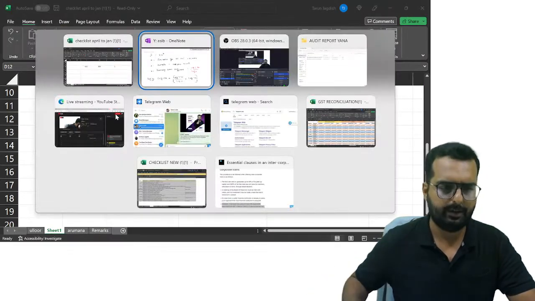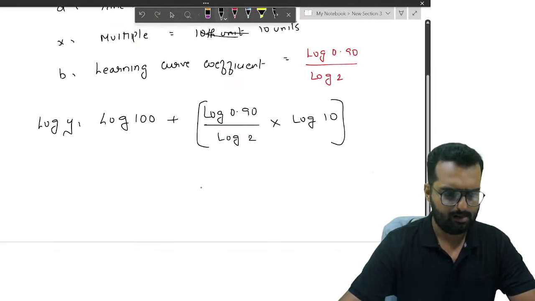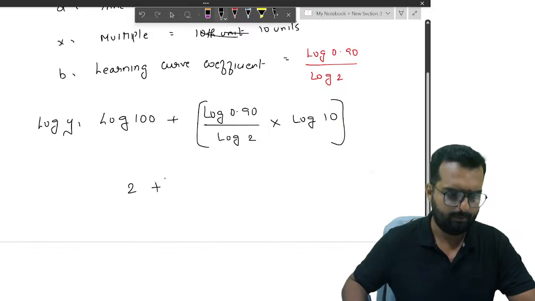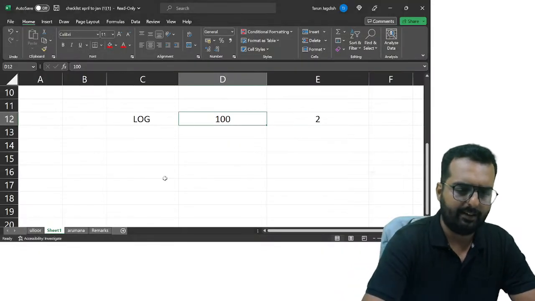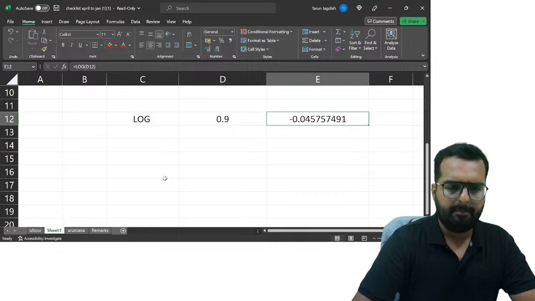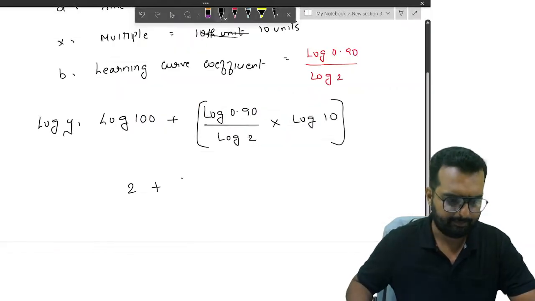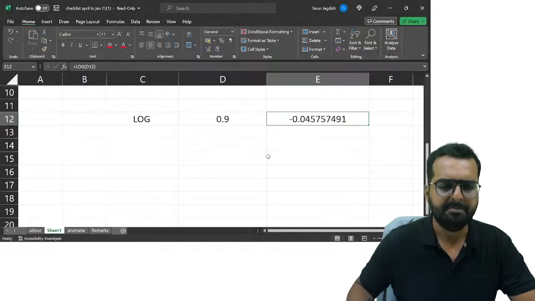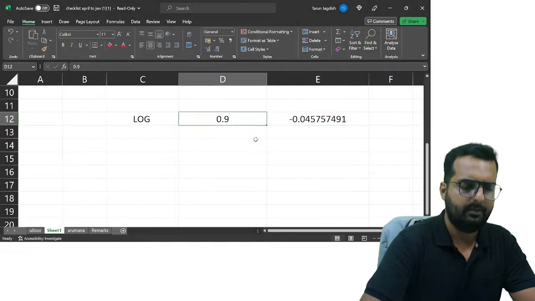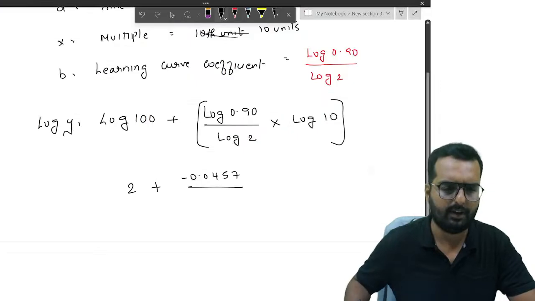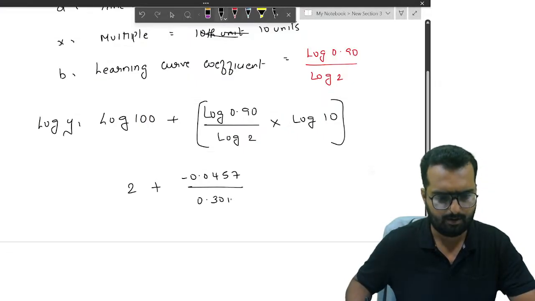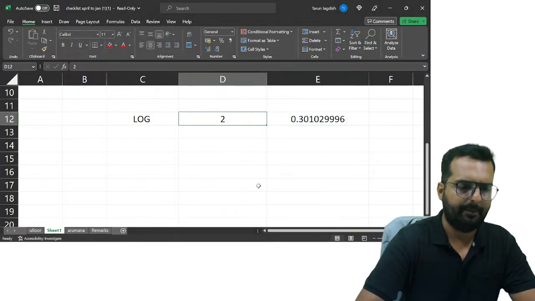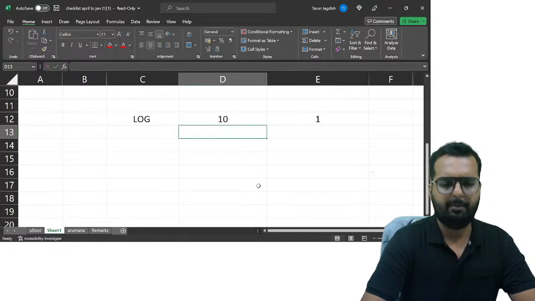So I'll write down over here 2 plus log of 0.9, which is minus 0.0457, divided by log of 2. Log of 2 will be 0.3010, into log of 10. Log of 10 will be 1.